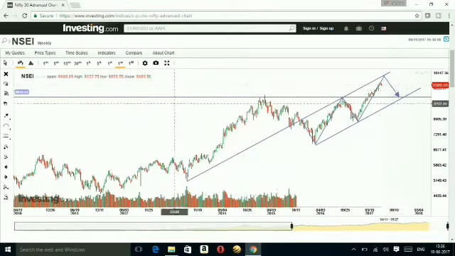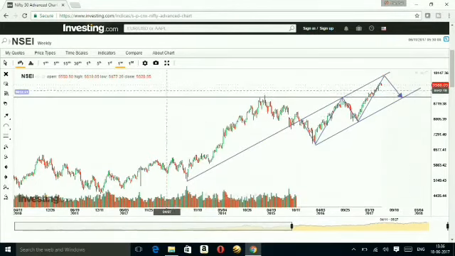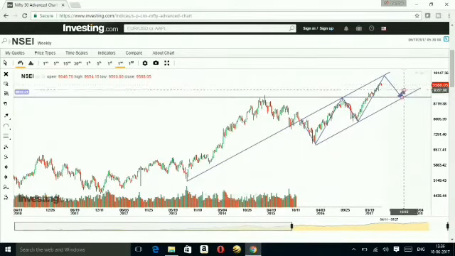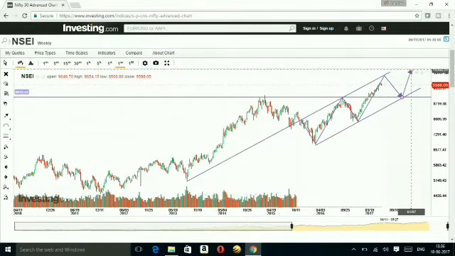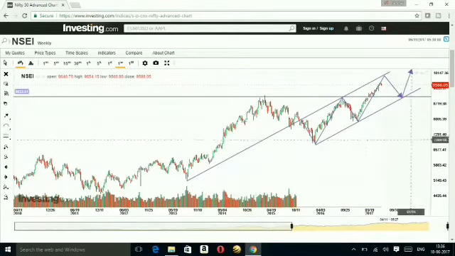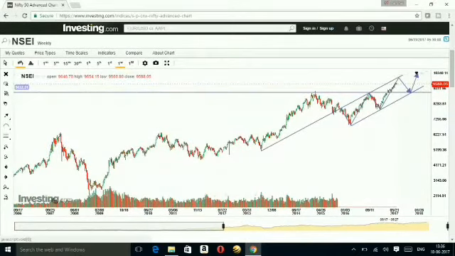And even if Nifty falls till here, then you can expect another move on Nifty from here to the upside. I'm not able to draw it further, but if I try to extend this, it comes to around 11,000.